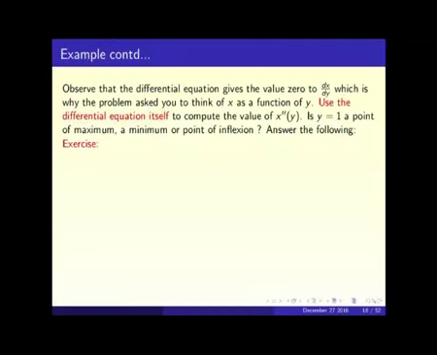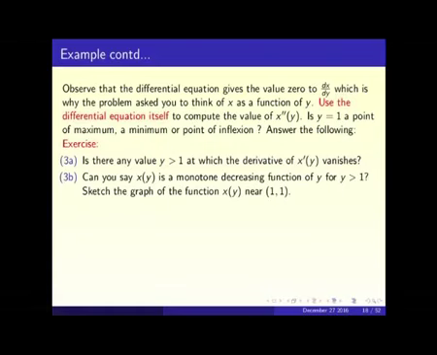So let us see how to compute the second derivative from the differential equation directly and answer the following questions. Is y equal to 1 a point of minimum, a maximum, or a point of inflection? Is there a value of y bigger than 1 at which the derivative vanishes? How many points of maxima, minima are there, if you like? Can you say something about the function x of y, whether it is increasing or decreasing, monotonicity properties of this function?